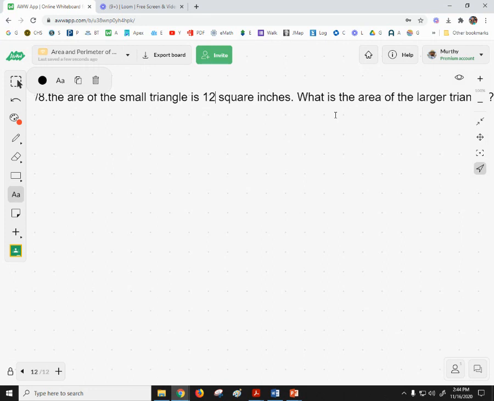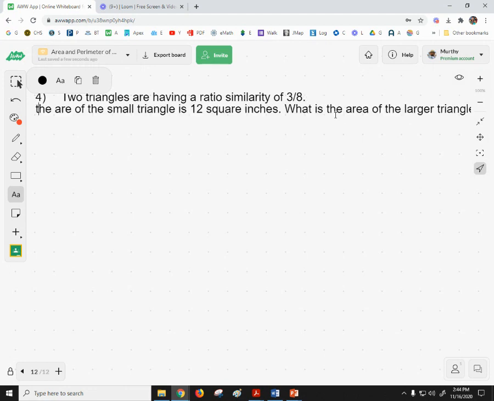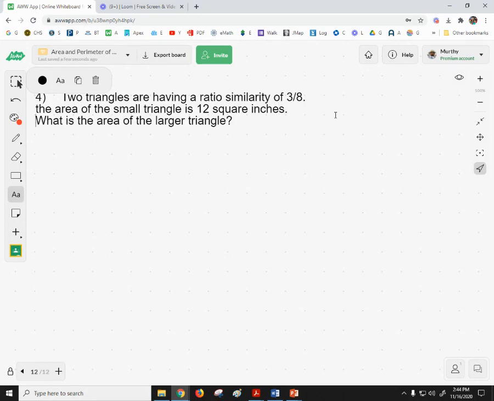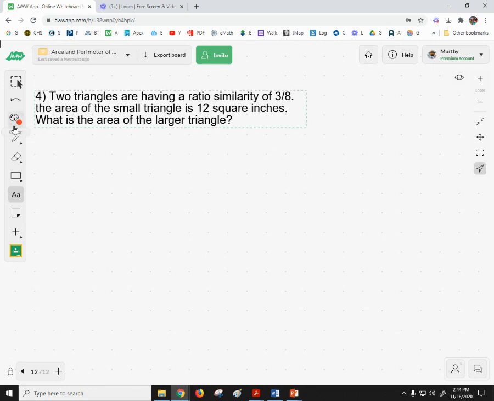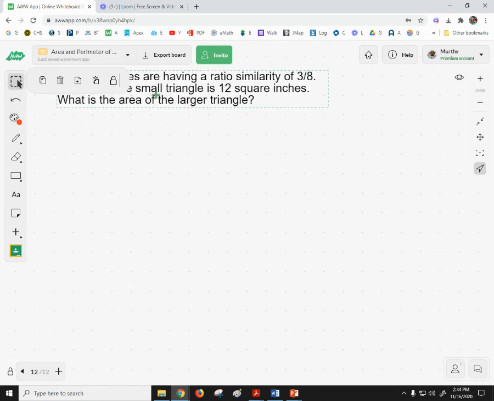No. Okay. Similarity 3. The area of. Okay. So here is the question. Let me move this a little up.